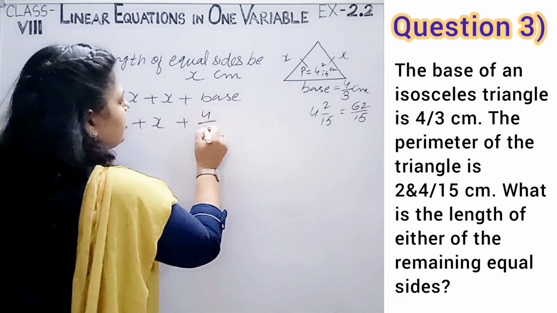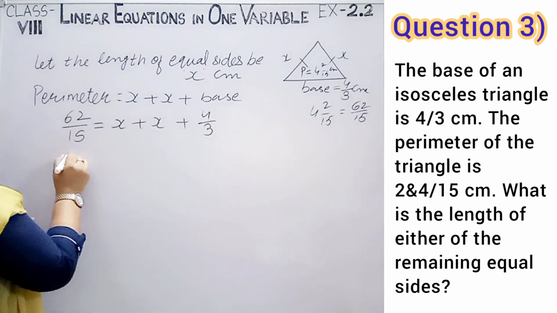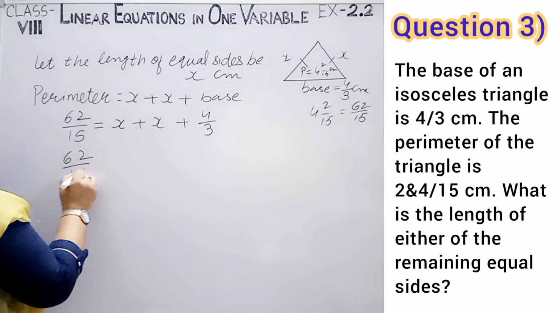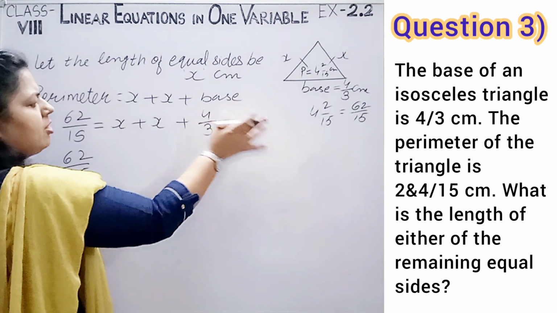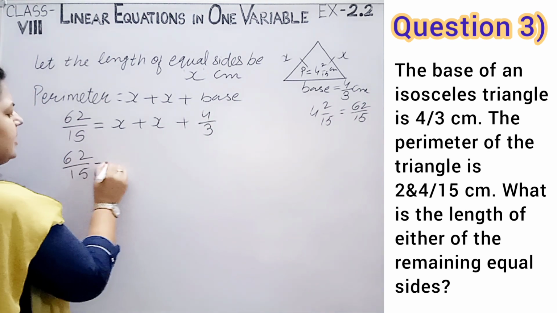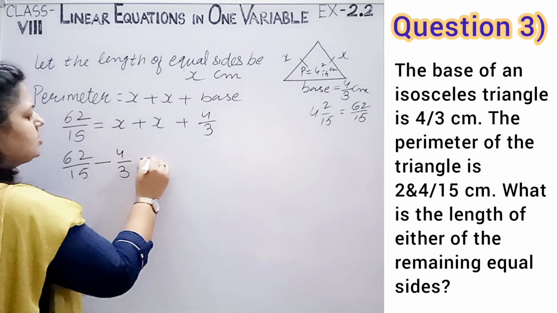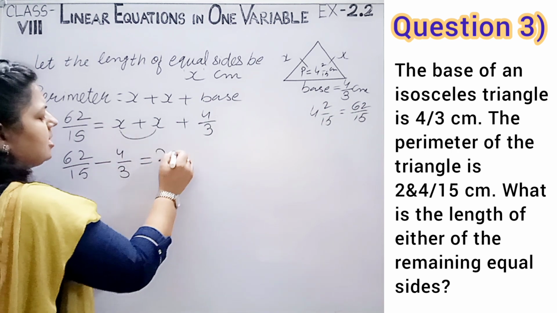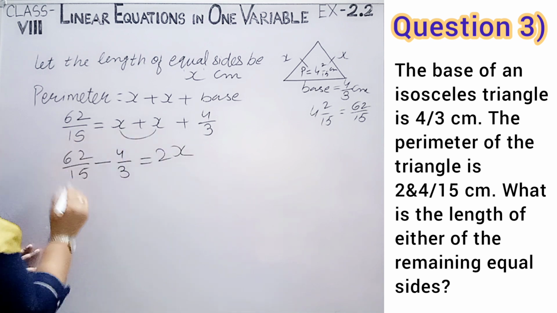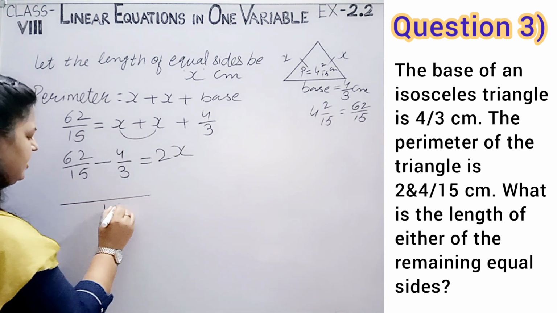Now 62 upon 15, transposing 4 by 3 from right to left, minus 4 by 3 equal to x plus x. After adding we get 2x. LCM 15.